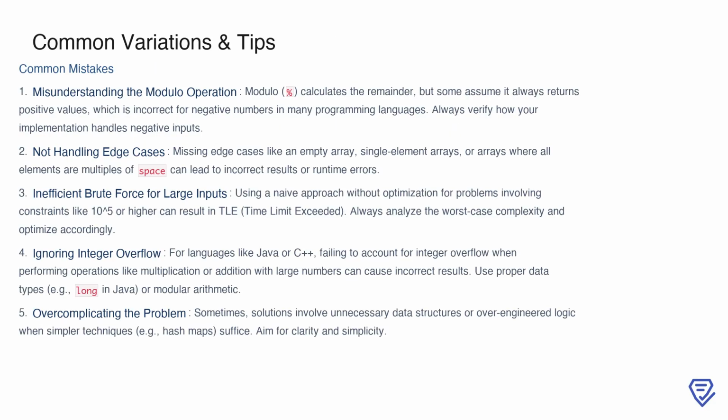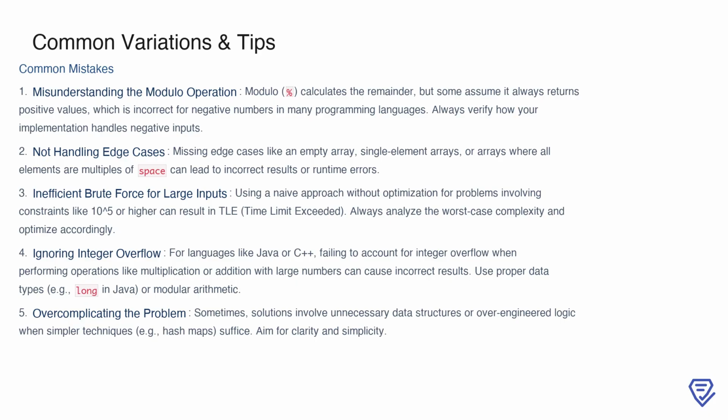In this section, let's address some common mistakes that can trip you up in problems like destroy sequential targets. First, be cautious with how your programming language handles the modulo operation. While it calculates the remainder, many assume the result is always positive, which isn't true for negative numbers in certain languages. It's important to verify this behavior in your implementation. Next, edge cases are another common pitfall.